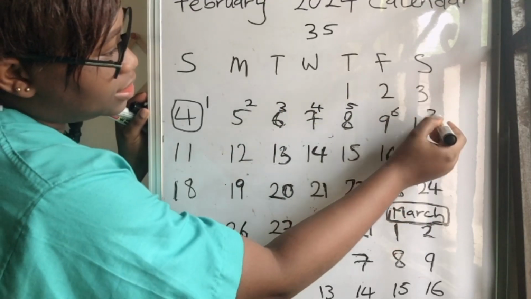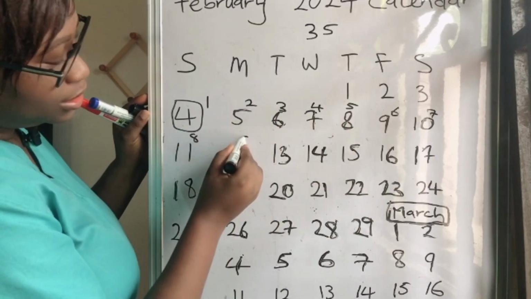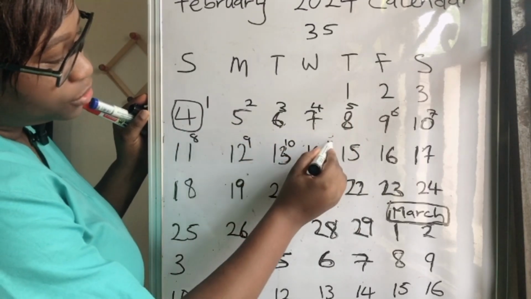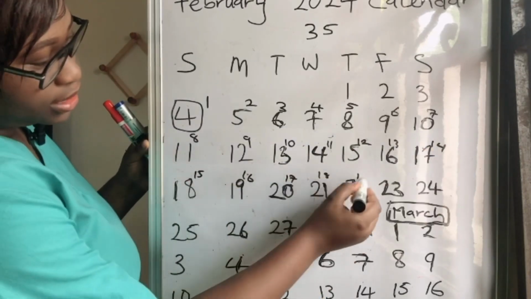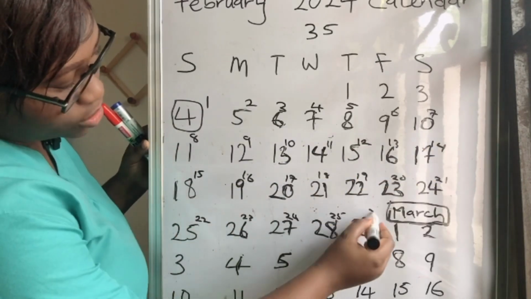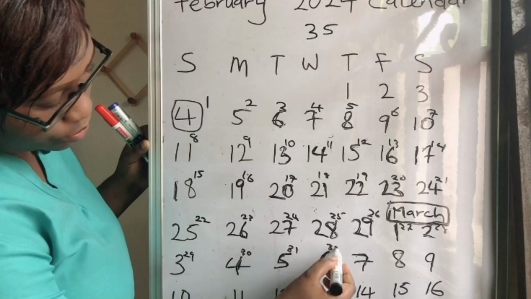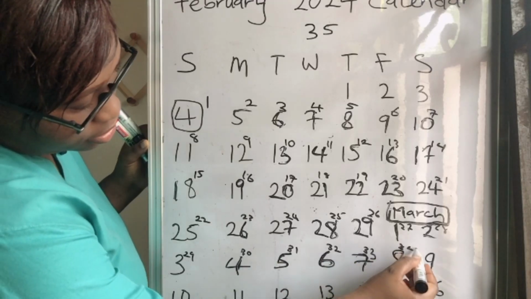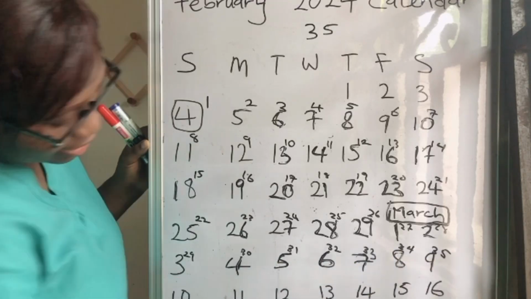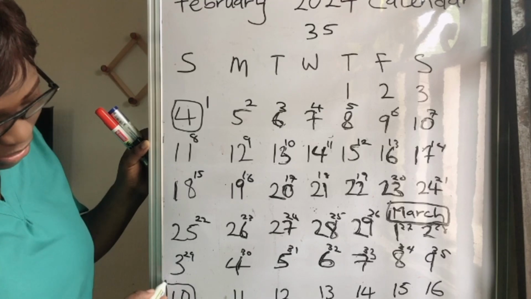Day 6, day 7, day 8, day 9, 10, 11, 34 and 35. Next period started on the 10th of March.